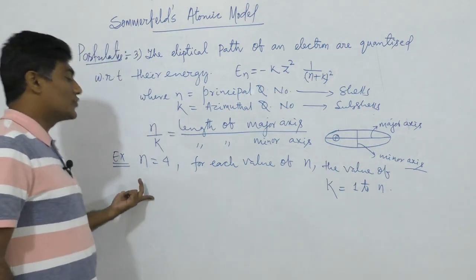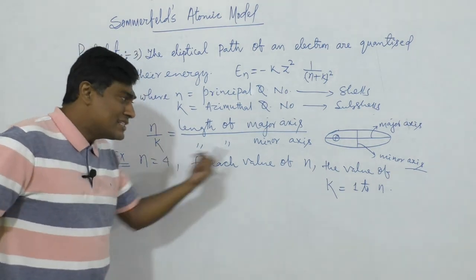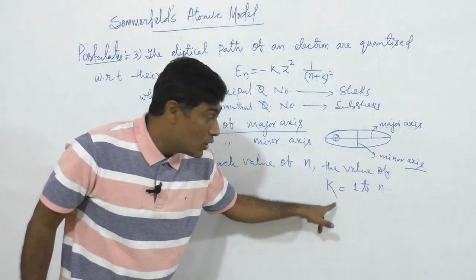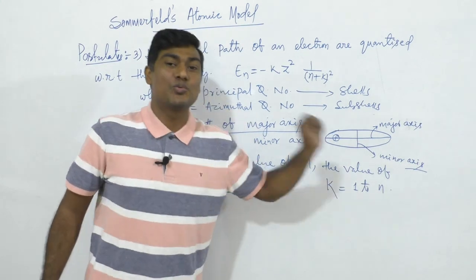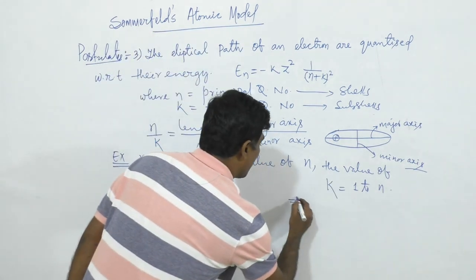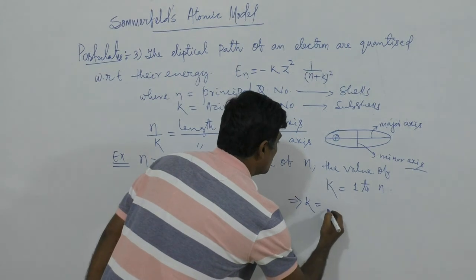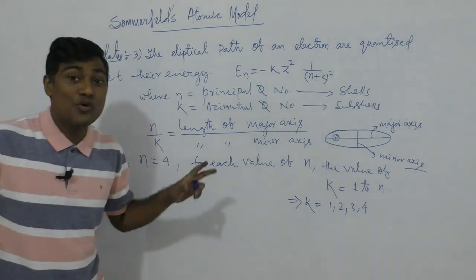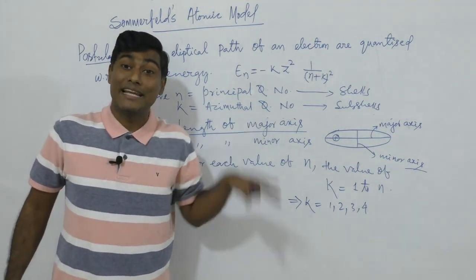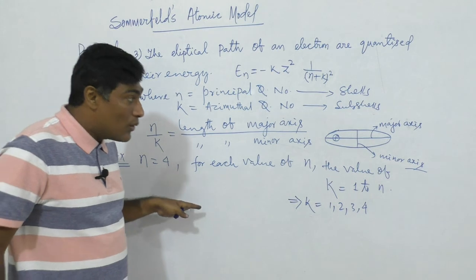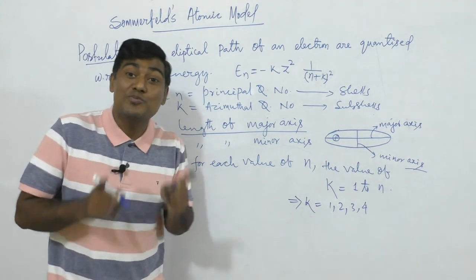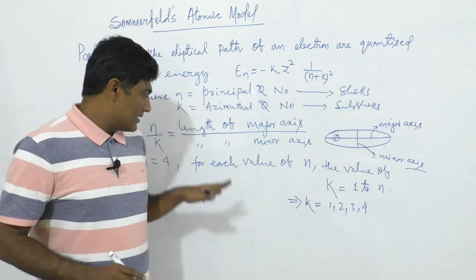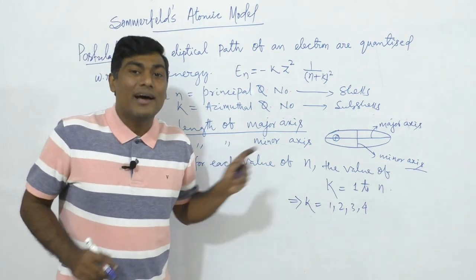So n = 4, and k will have values 1 to n, which means k = 1, 2, 3 and 4. So there are 4 values of k for n = 4, and 4 values of k means 4 subshells in shell number 4. We'll see it by the diagram.